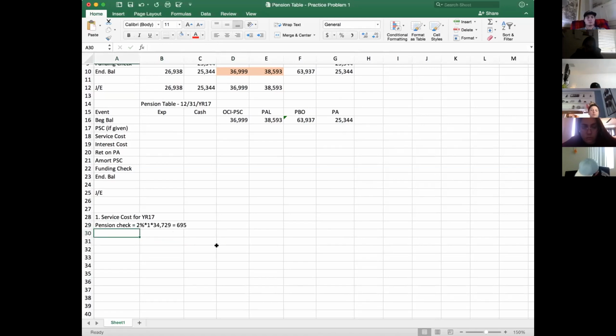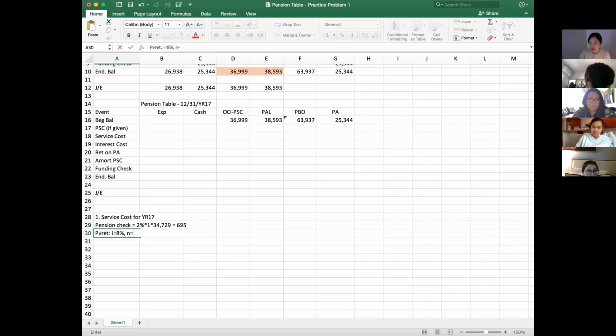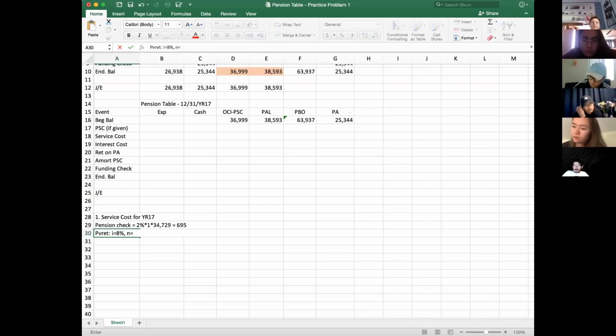Now then, we do the first present value at retirement calculation, where discount rate is 8%. Number of periods, the first present value calculation, this N is the number of retirement checks paid. How many retirement checks will Albert get? 9, 10, 8, how many?